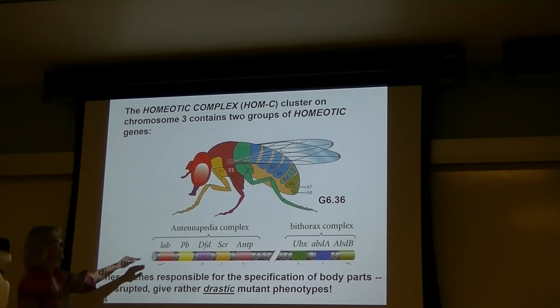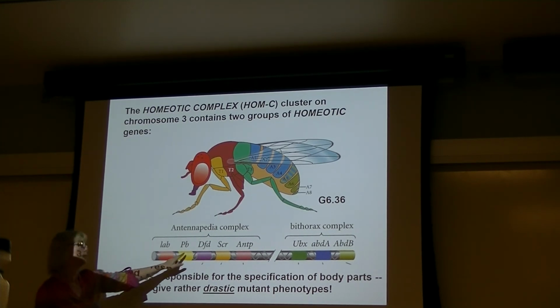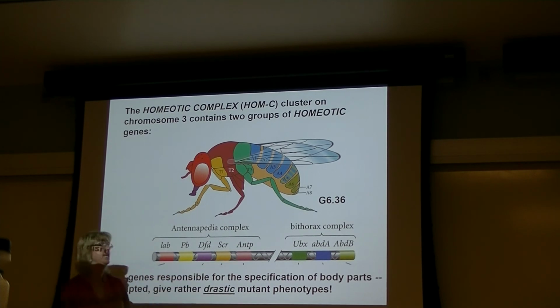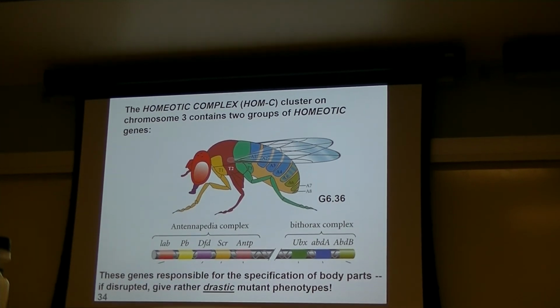So another thing to point out here is we have a certain order. And you don't need to know the gene names, but let's look at red, yellow, purple, orange, and pink. When you look in the fly, the order of the genes on the chromosome matches the order the genes are expressed in the embryo.